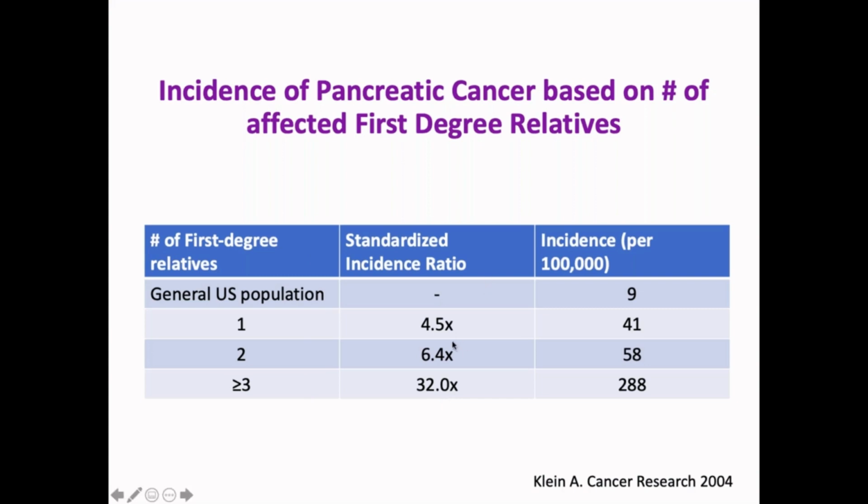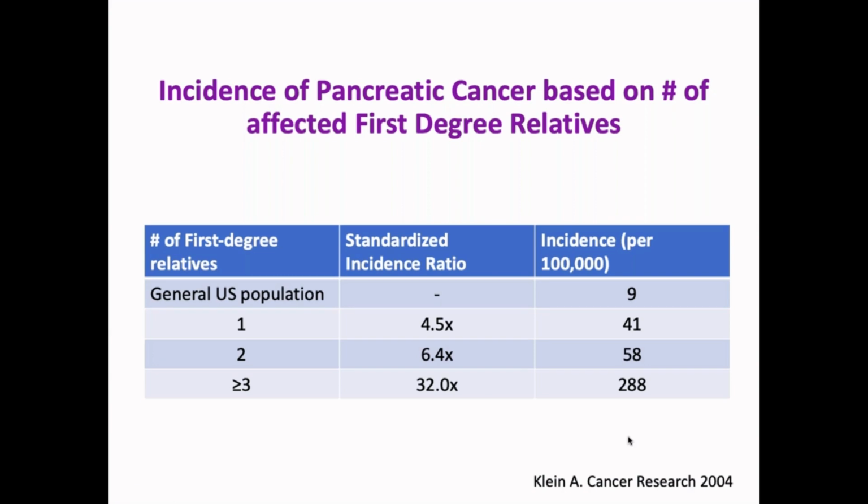Here I just want to highlight, with an increasing number of first-degree relatives affected with pancreatic cancer, we see how high the incidence ratio goes and how the number of individuals affected by pancreatic cancer increases.